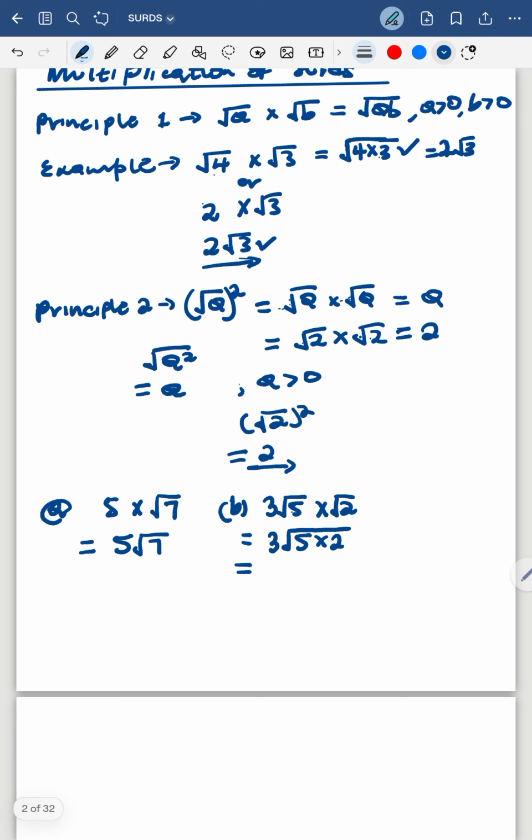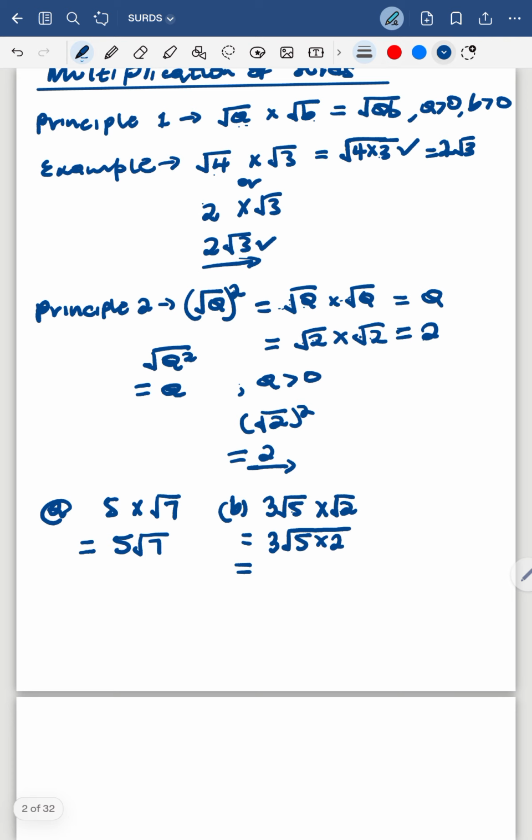Because principle 1 says if you have 2 roots, you multiply them, then you take these 2 different numbers inside. But the root is only removed when you have 2 like terms, so root 2 multiplied by root 2 is going to be 2.